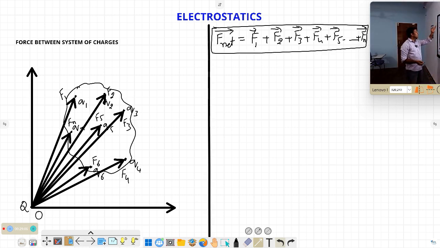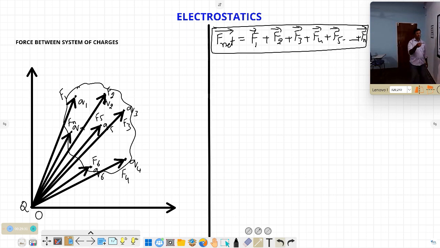So whenever we consider the force in a system of charges, we always have to take the vector sum of all the forces acting on the charge. If there is an angle between them, according to that, you have to use the Pythagoras theorem, the parallelogram law of vector addition, or the triangle law of vector addition, and solve the problem.